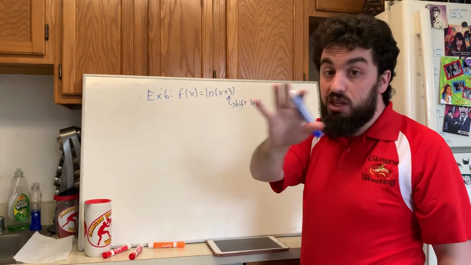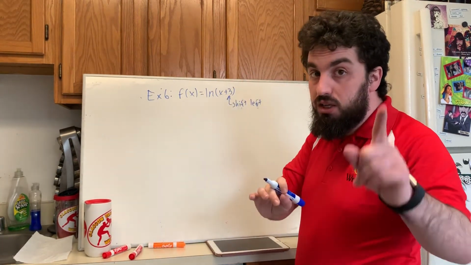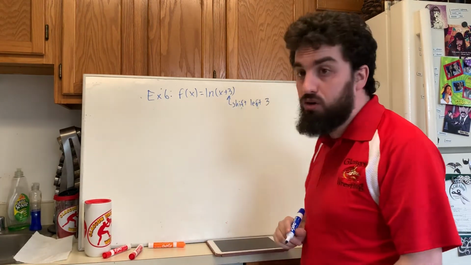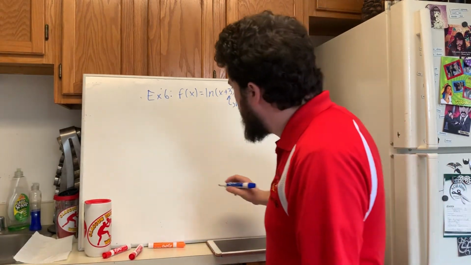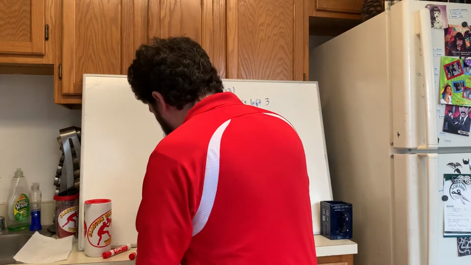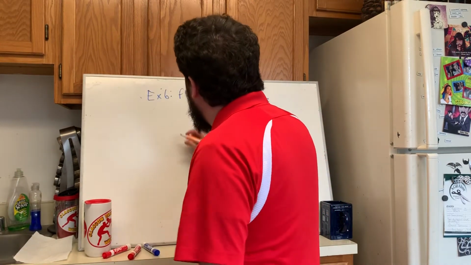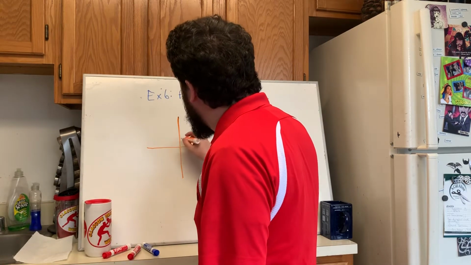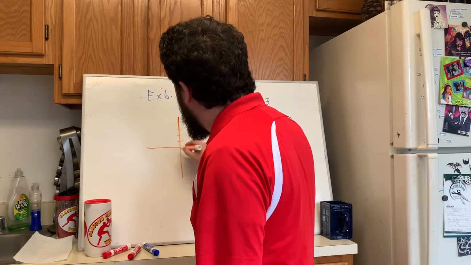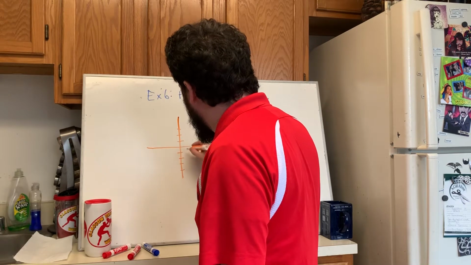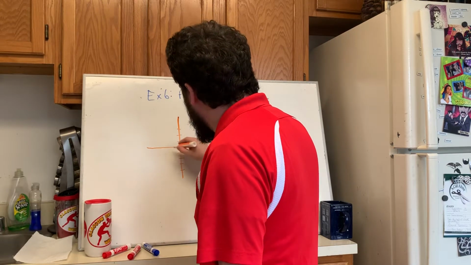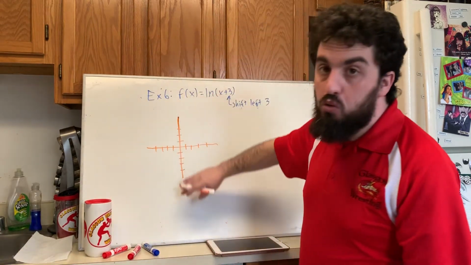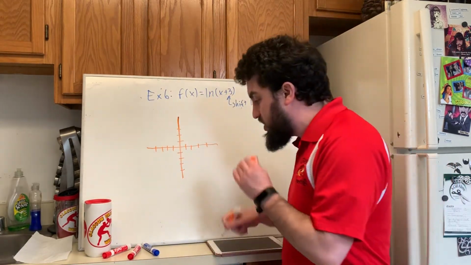We've been doing this shifting of functions in chapters 1 and 2, so hopefully this is still feeling very familiar. So if I'm shifting left 3, my vertical asymptote and my x-intercept will both get shifted left 3. My original vertical asymptote was the y-axis.